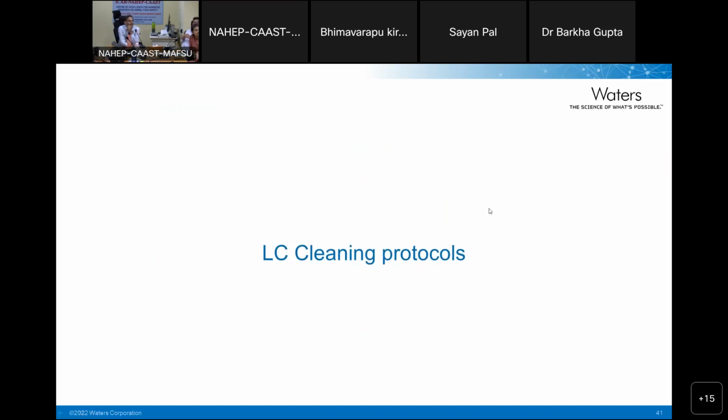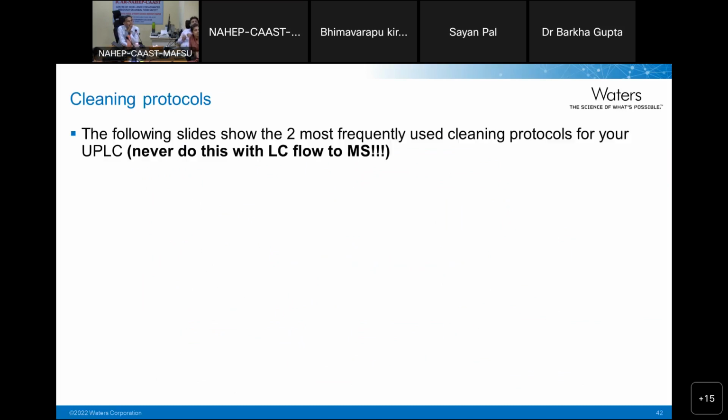So there are some LC cleaning protocols which you can follow. Whenever you are following these cleaning protocols, the important thing is you should not allow the LC flow to go to the MS part. You are performing only the LC cleaning part.